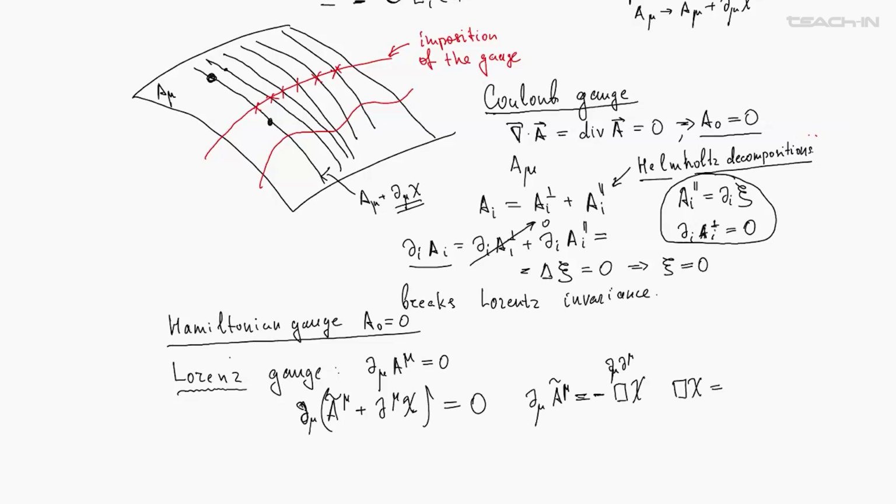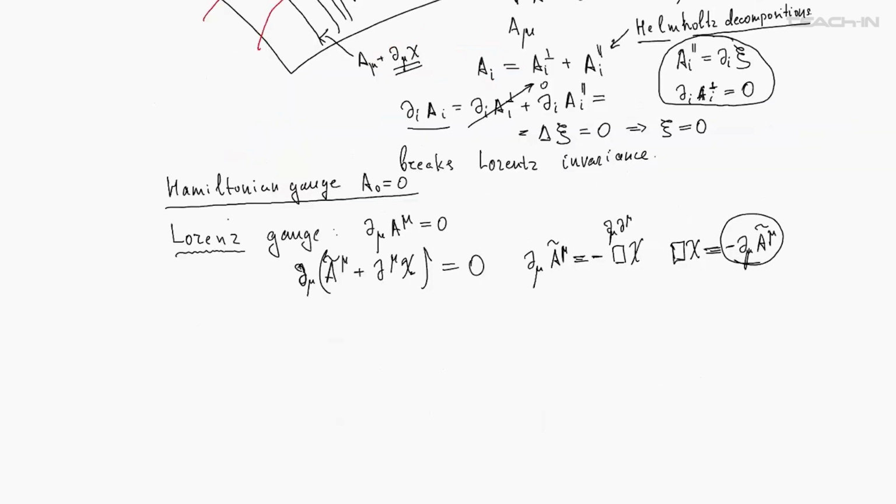So this is a wave operator acting on chi, and on the right-hand side you have a source term. This equation you can always solve with the method of Green's functions. So a solution does exist, and this means that this gauge is legitimate. It's always possible to subject the potential A mu to the Lorenz gauge condition.